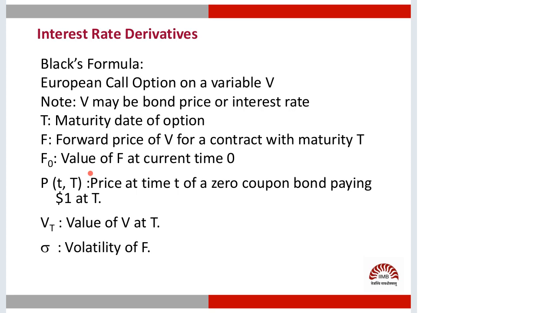The only difference is that bond prices and interest rates are inverse to each other. As interest rates rise, bond prices go down. If interest rates go down, bond prices go up. That is the only point that has to be accounted for. But bonds and interest rates can interchange each other as an underlying asset.